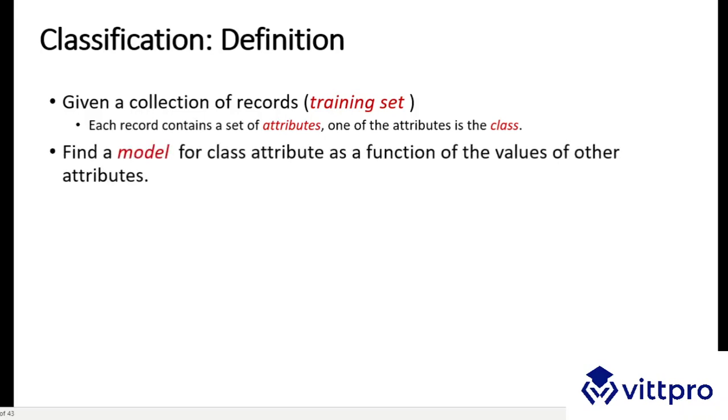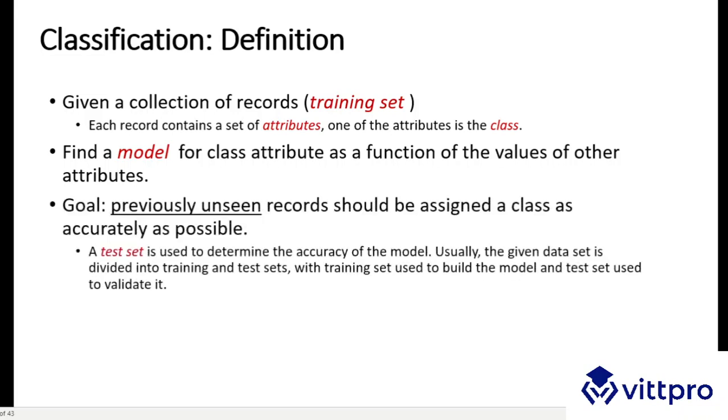So we want to find a model for a class attribute as a function of the other values. We want to identify a classification in the data set, and the goal is to identify unseen records which should be assigned a class.